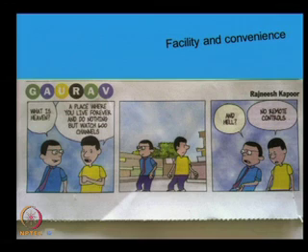Now, this figure says facilities and conveniences. This figure, published in a paper, shows two persons talking: what is heaven? This person says, a place where you live forever and do nothing but watch 600 channels, and they are all happy.